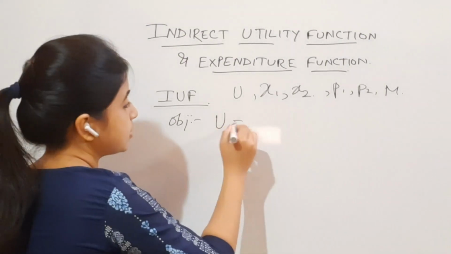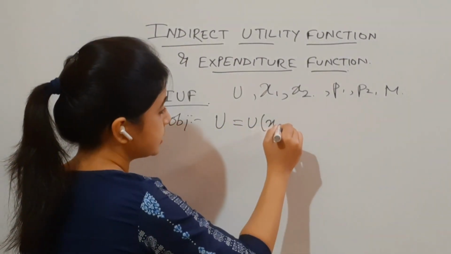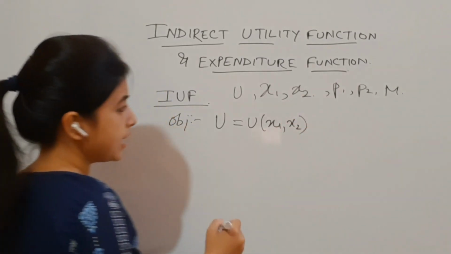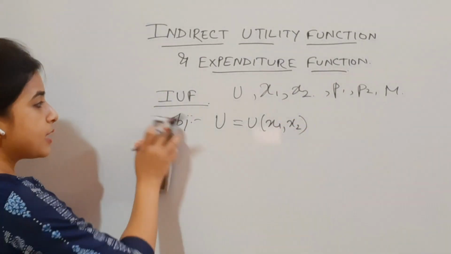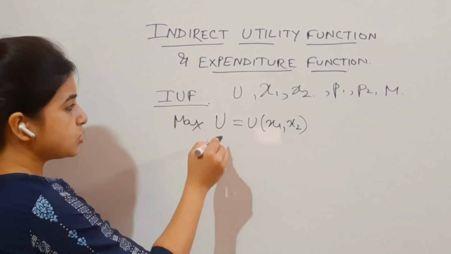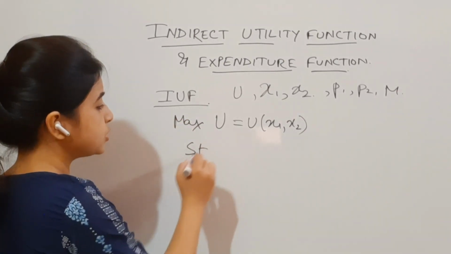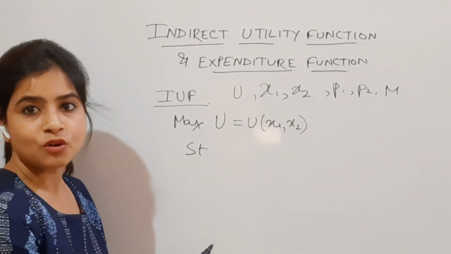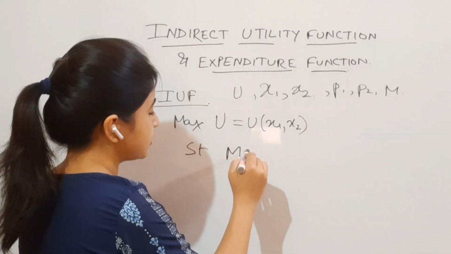So the objective function, u of x1, x2, needs to be maximized, right? So here, maximization of utility subject to what? The budget constraint.